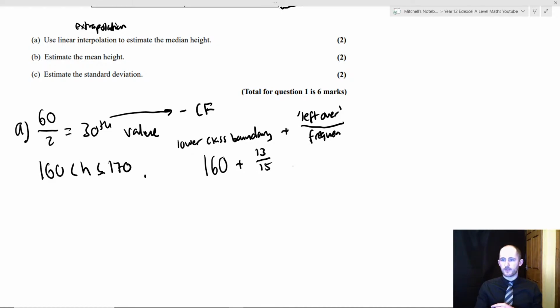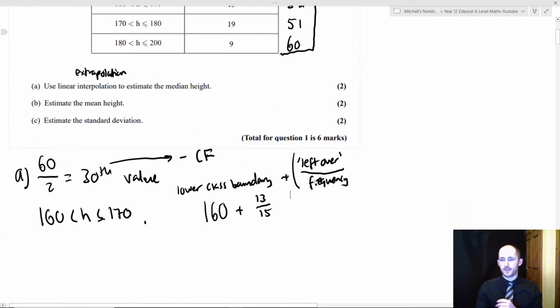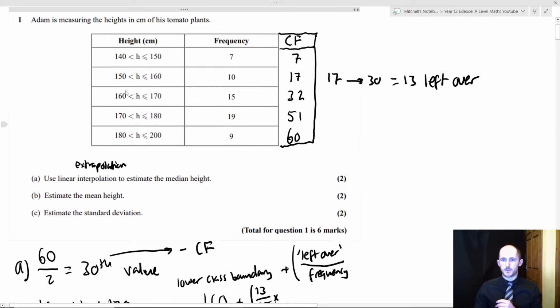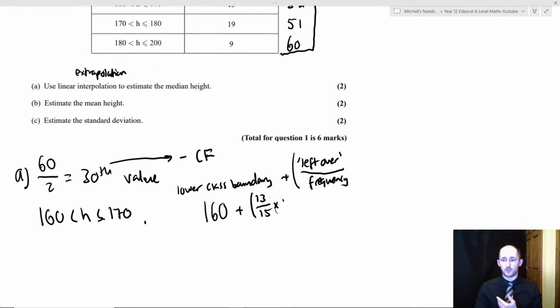And again, that's the frequency of the class we're talking about. Put it in brackets. And then what we do is we times it by the class width. So in this case, the class width here is 160 to 170, so that's going to be a class width of 10, right? 170 minus 160.